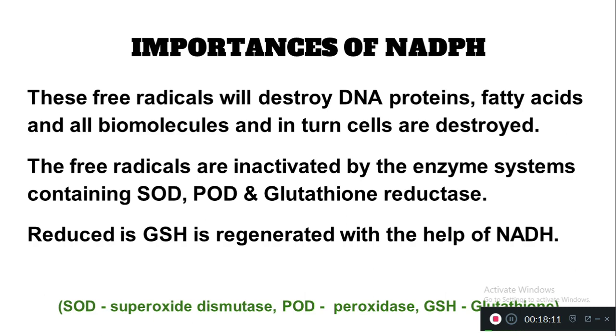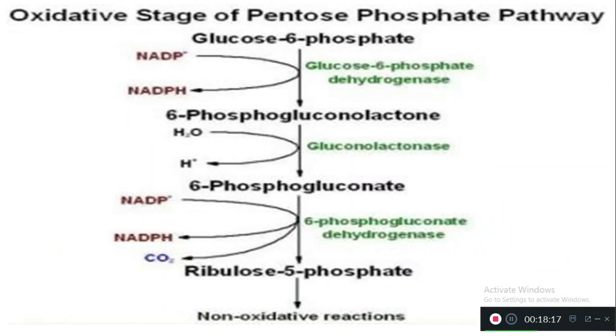In the exam, the importances of NADPH may come, so you can write these things. Finally, to summarize the steps: in the first step, glucose 6-phosphate is converted into 6-phosphogluconolactone by the enzyme glucose 6-phosphate dehydrogenase, and NADP is reduced to NADPH.